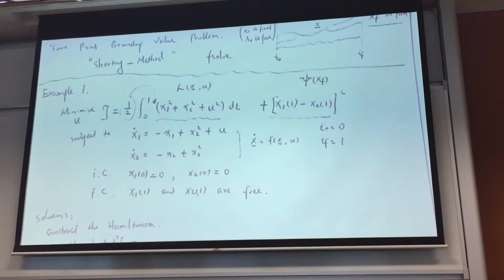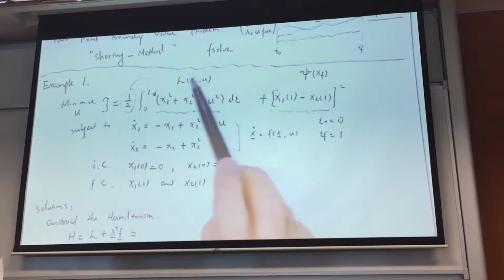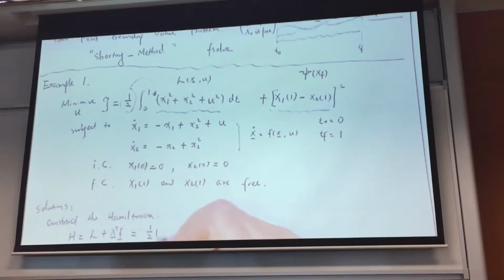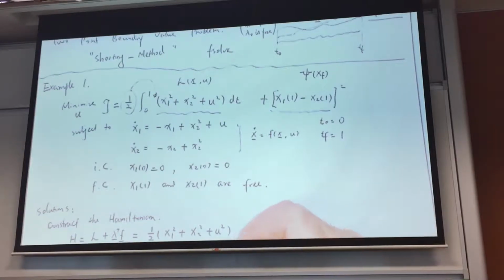For L, it's just the function inside the integral, but remember we have a half here. So it's given by a half of (x1 squared plus x2 squared plus u squared).